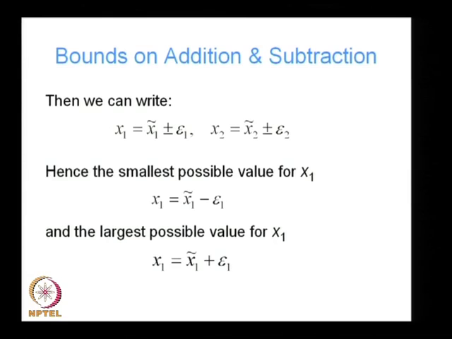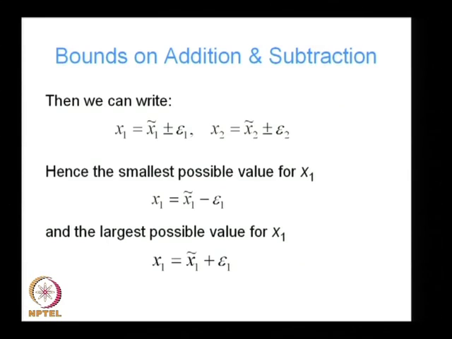as low as x1 tilde minus epsilon 1 and can be as high as x1 tilde plus epsilon 1. Similarly, x2 can be as low as x2 tilde minus epsilon 2 and can be as high as x2 tilde plus epsilon 2.